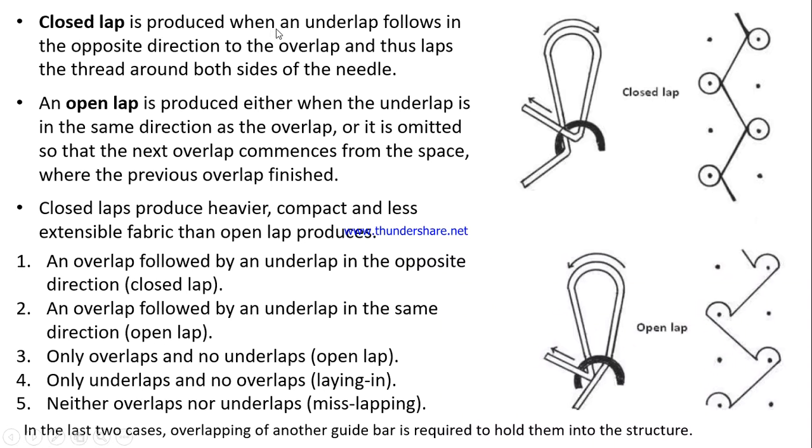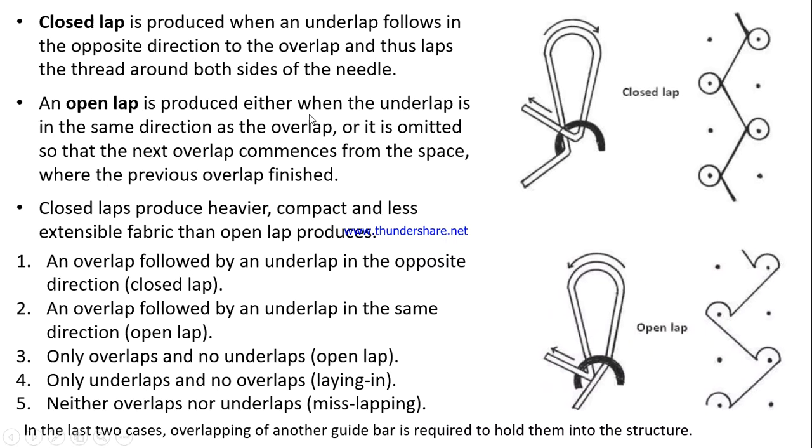The closed lap is produced when an underlap follows in the opposite direction of the overlap and thus laps the thread around both sides of the needle. In this situation, the closed lap will produce, and closed lap will give you a tighter construction of the fabric.